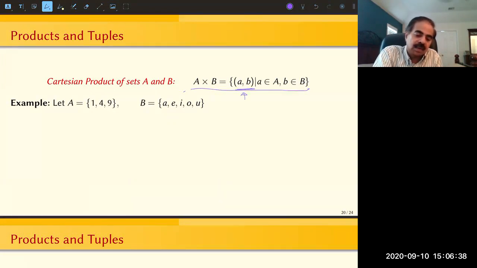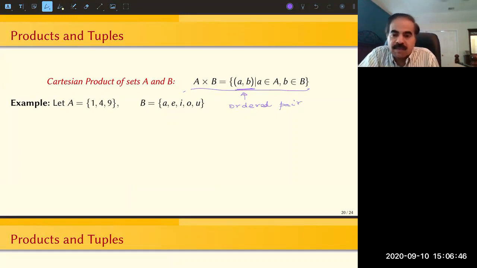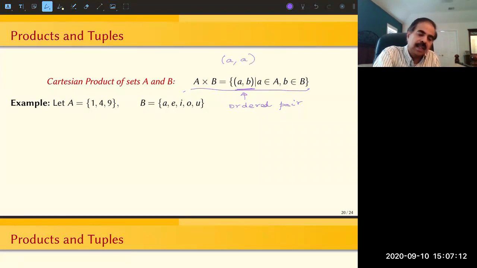Sometimes this is called an ordered pair to denote the fact that in this pair, the order matters. So this differs from a set where the order is not relevant, and you cannot have the same element occurring multiple times. But in a tuple, you can have the same element appearing multiple times. So for instance, (A, A) is a perfectly good pair.